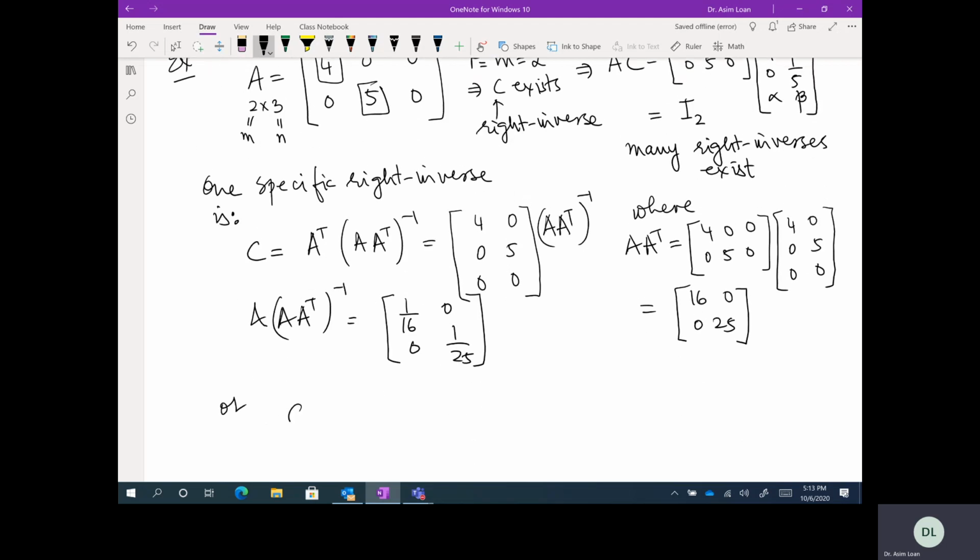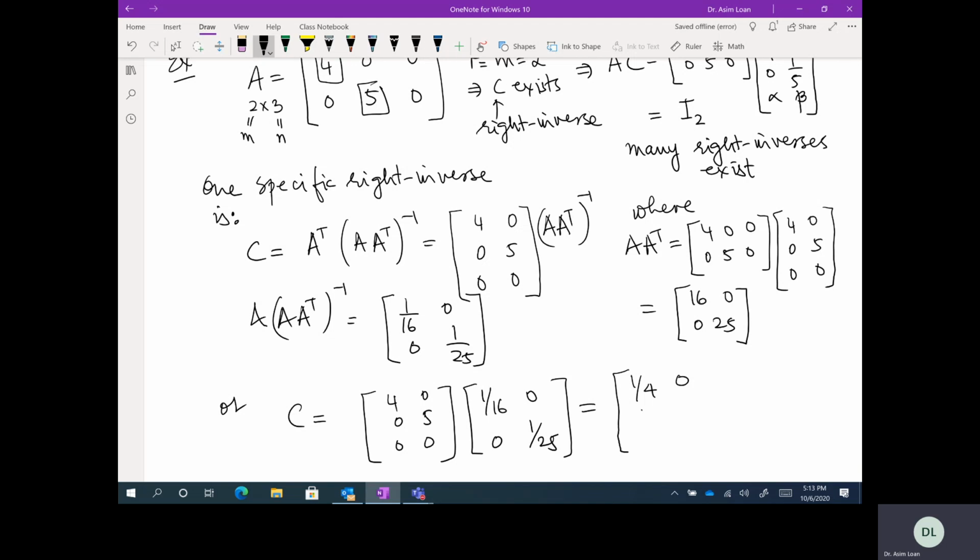So C is equal to [4 0; 0 5; 0 0] times [1/16 0; 0 1/25], which is equal to 1 over 4, 0, 0, 1 over 5, and 0, 0.